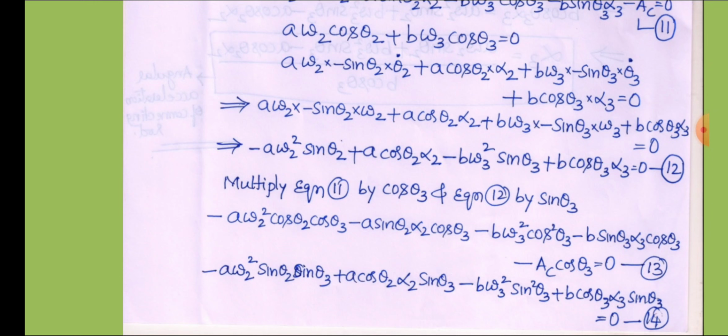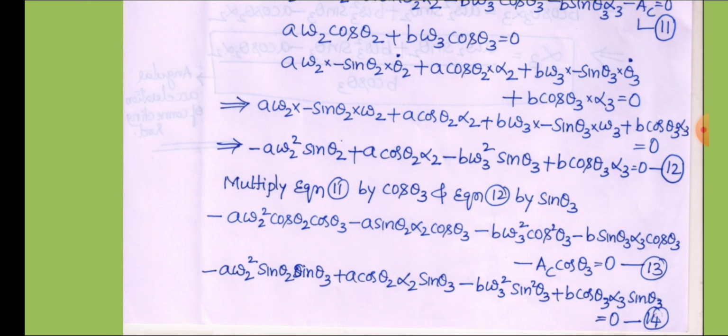While solving equations 8 and 4, what did I do? I multiplied equation 6 with cos theta 3 and equation 7 with sin theta 3. In the same way here, equation 11, I am multiplying with cos theta 3 and equation 12 by sin theta 3.